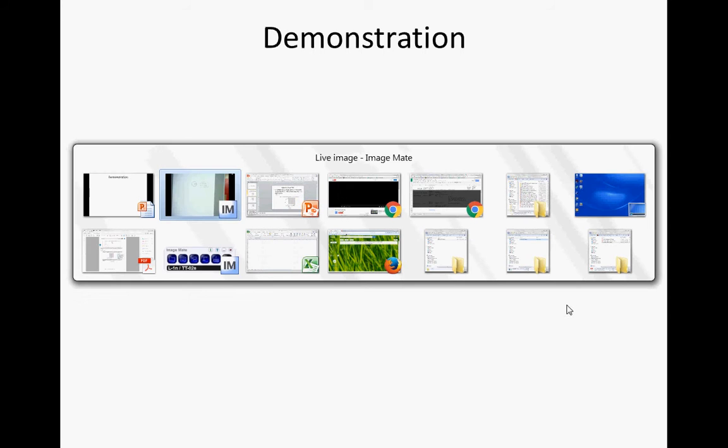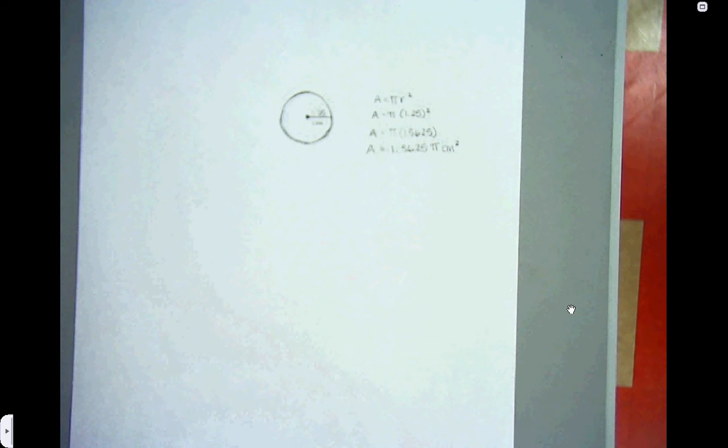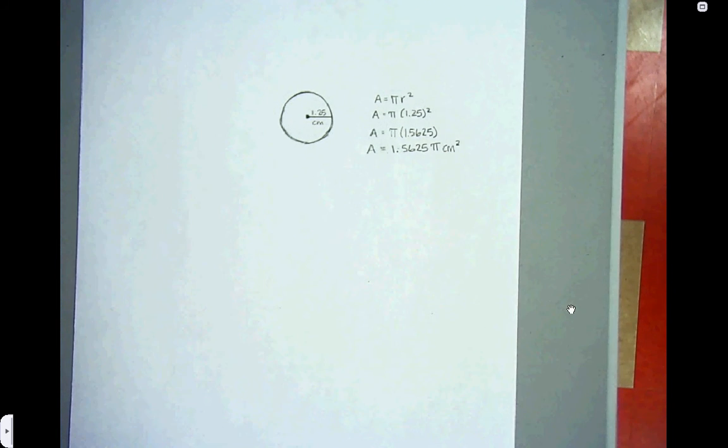All right, let's go ahead and take a look at another demonstration using a physical model of a circle. So again, I have the area of a circle that happens to have a radius of 1.25 or 1 1/4 centimeters.